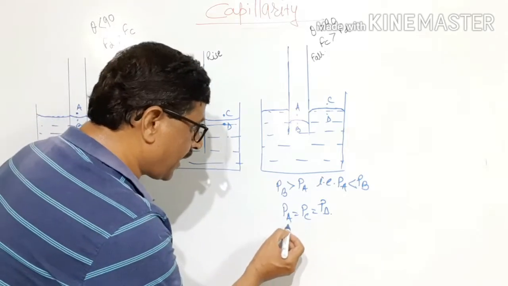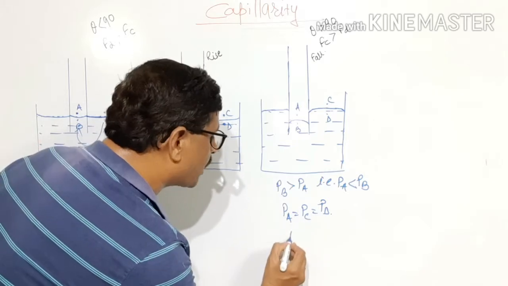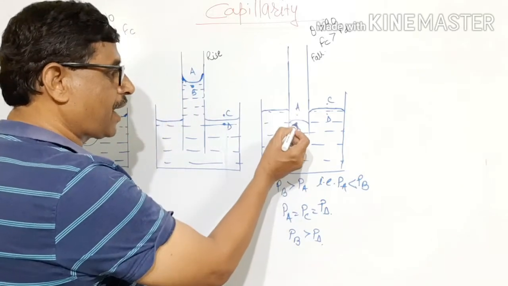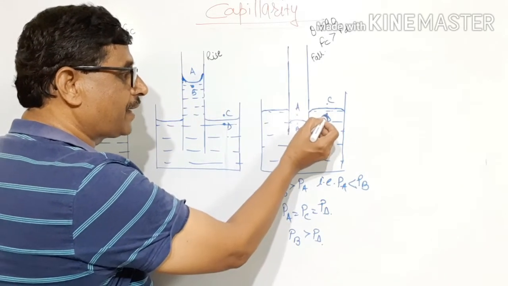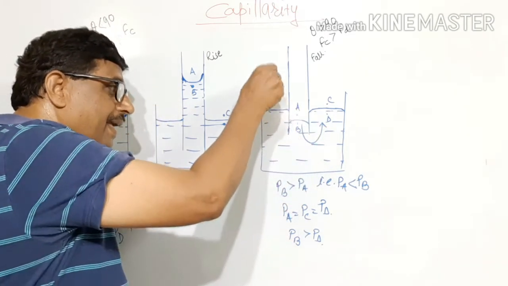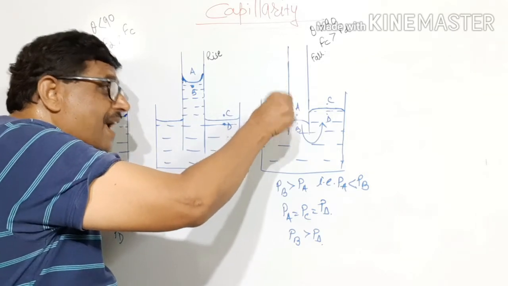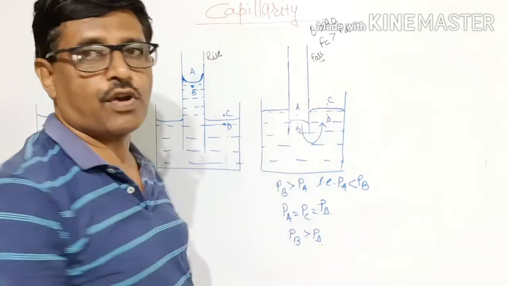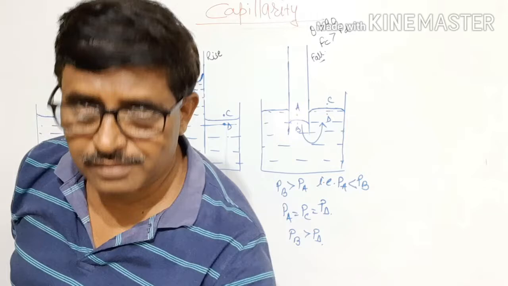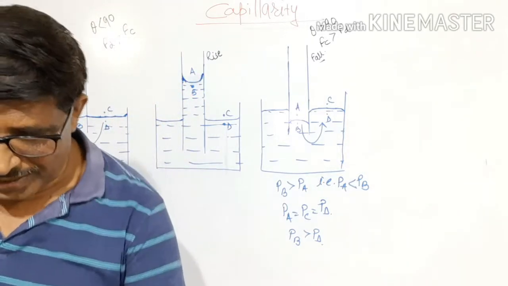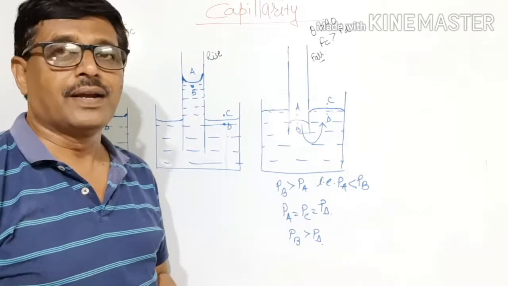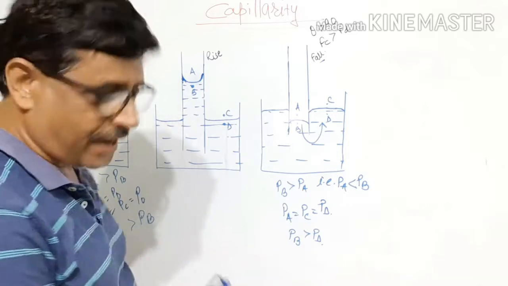And from this, A equal to C is equal to D, therefore pressure at B is greater than pressure at D. The pressure at B is more and pressure at D is less, therefore liquid flows from B to D and hence liquid depresses inside the capillary tube and hence there is fall of liquid inside the capillary tube. This is how liquid rises or falls inside the capillary tube depending upon how much is the angle of contact.